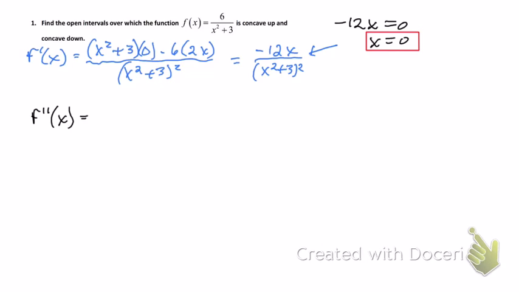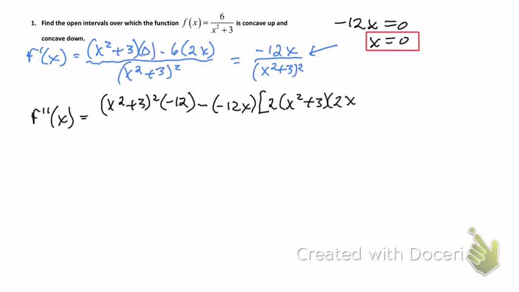Okay, second derivative. This is a slightly more complex quotient rule. And it chains out like that. This thing is rife with chain rule.